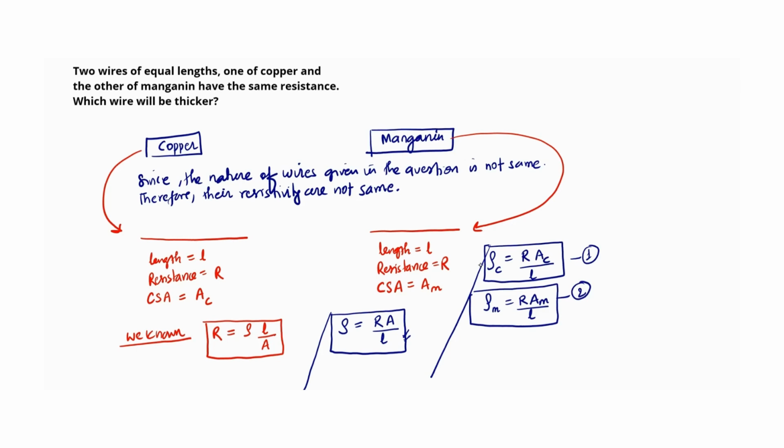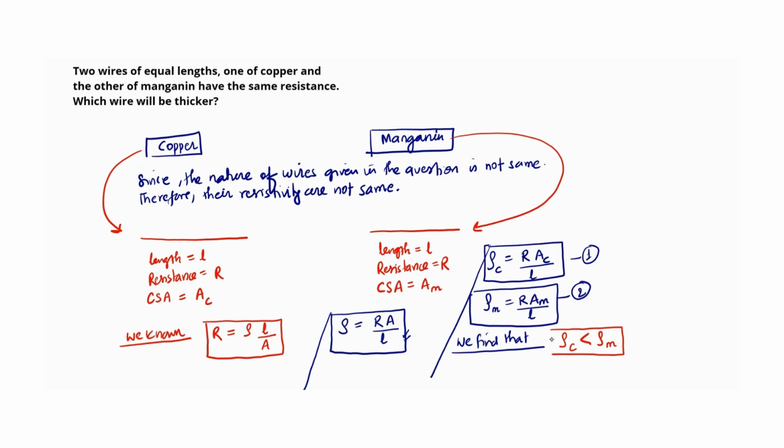Now, what we find is that the resistivity of copper is less than the resistivity of manganin.